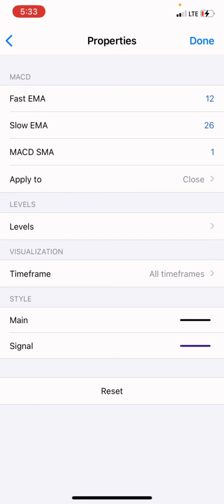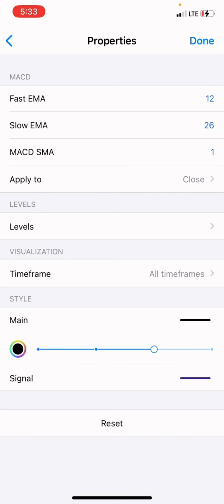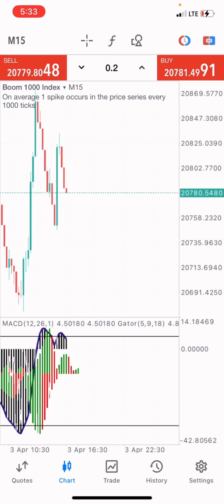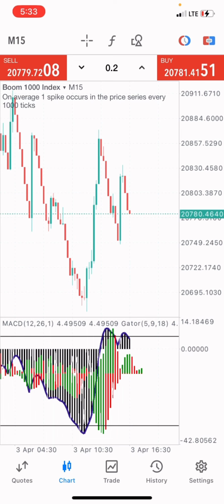If your background is black, then you should choose bright colors. You can as well use whatever colors you want to use here, but make sure they are visible on your chart. So for main style, I'm using black. For signal, I'm using blue. You click done when you're done with that, and you have your MACD appear on your chart.